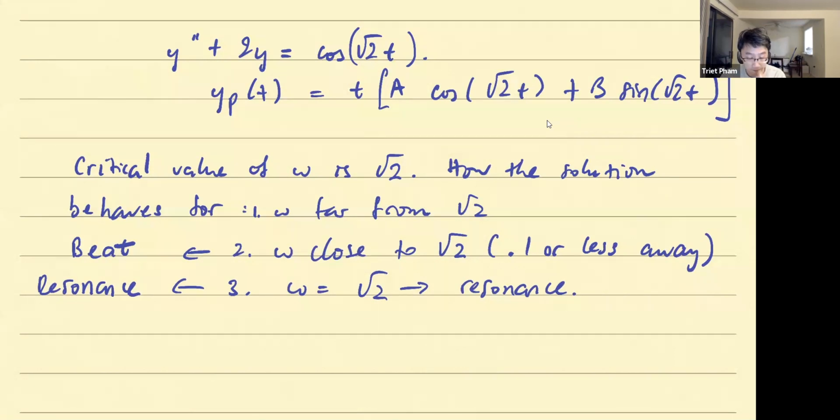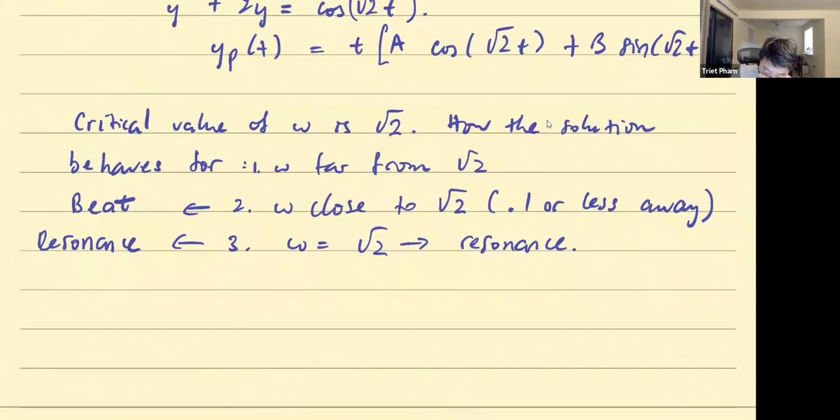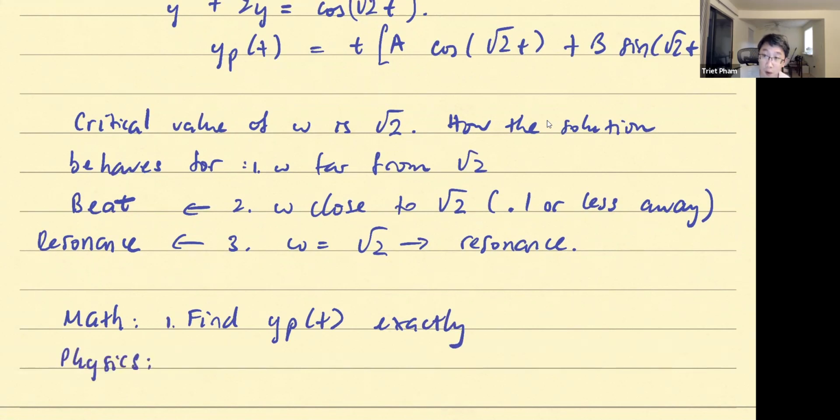All right, so maybe there are several things to address. There's the math part, which is to find the particular solution. There's a physics part, or the model part, where I want to explain the beat phenomenon and resonance phenomenon, okay?